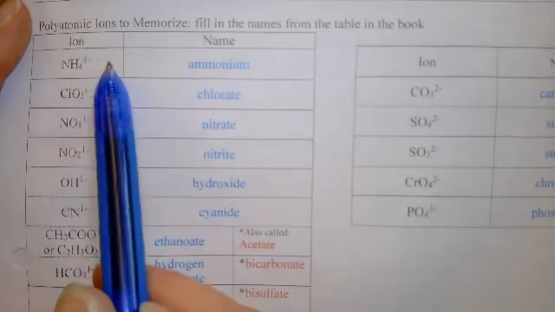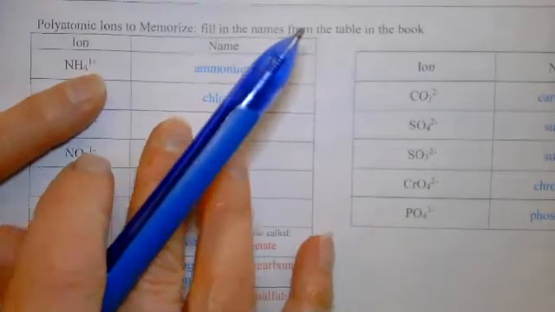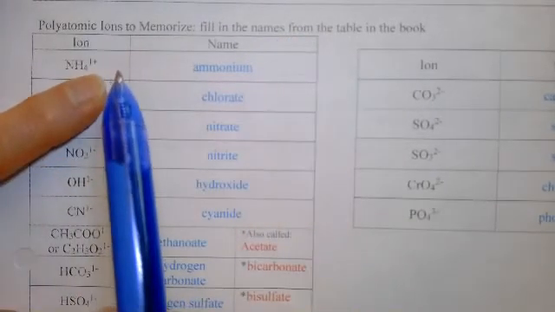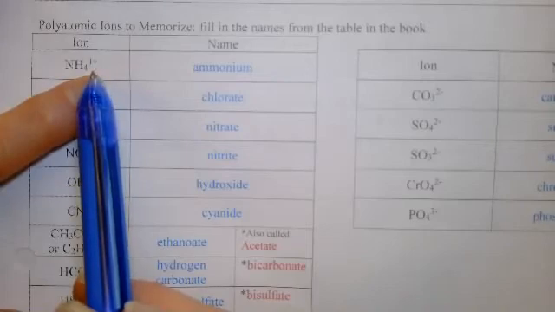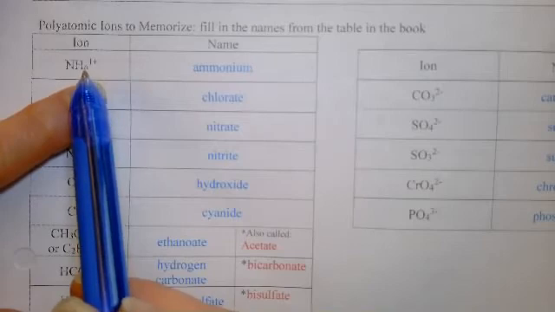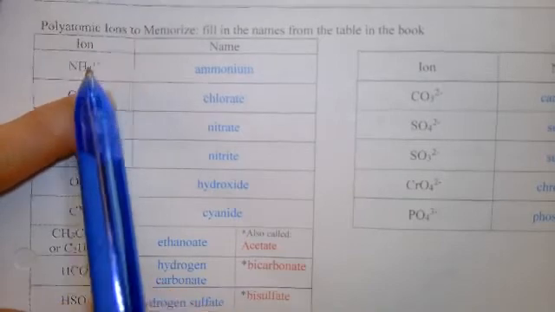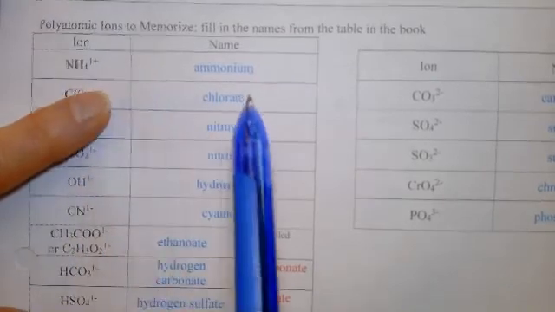So here's something to realize. The NH4 1+, the ammonium polyatomic ion, is the only polyatomic cation that we use, and it's pretty atypical to have a polyatomic cation. So NH4 with the 1+ charge, that's ammonium.